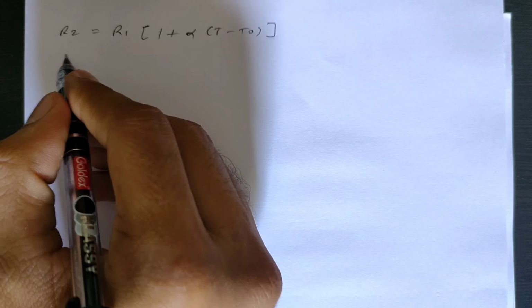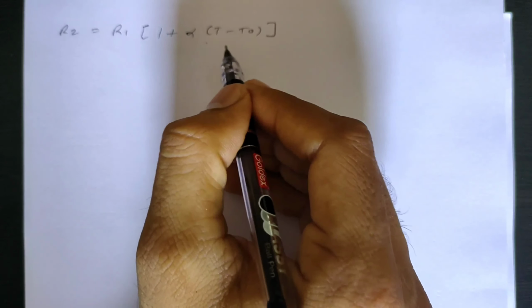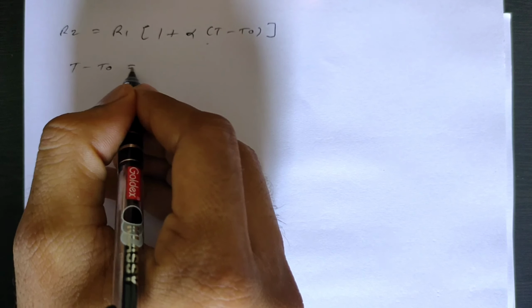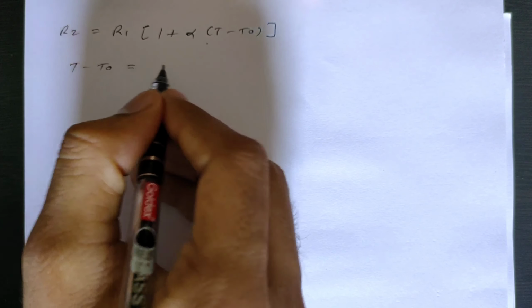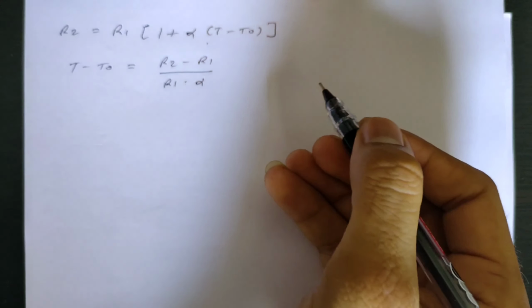We have the values of R2, R1, alpha, T0. We have to find this T. So let's make T minus T0 the subject. We can say T minus T0 is equal to (R2 - R1) upon R1 alpha.